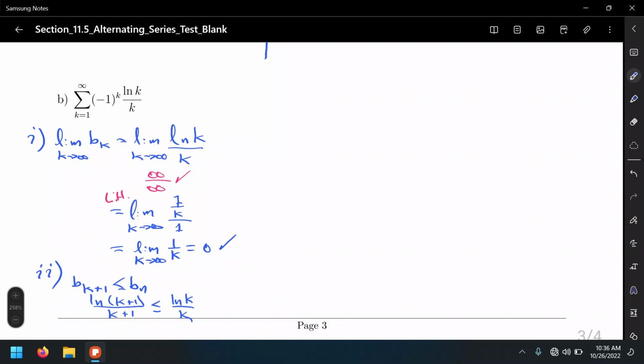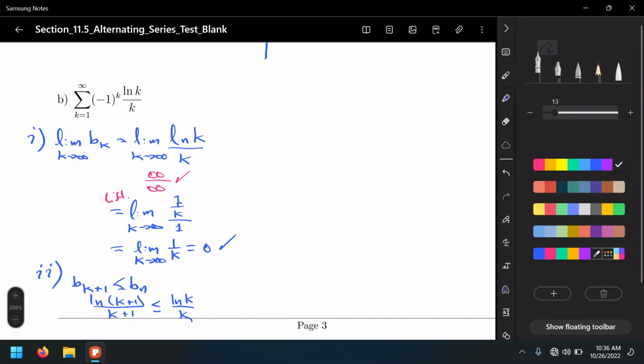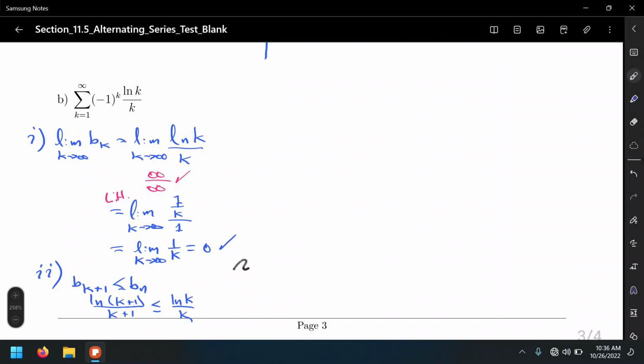And you can check that using a graph. You can check the graph of ln of x, and you can check the graph of y equals x. Do you see how the polynomial function, in this case the linear function, grows faster, or is actually a bigger quantity for large values of n?